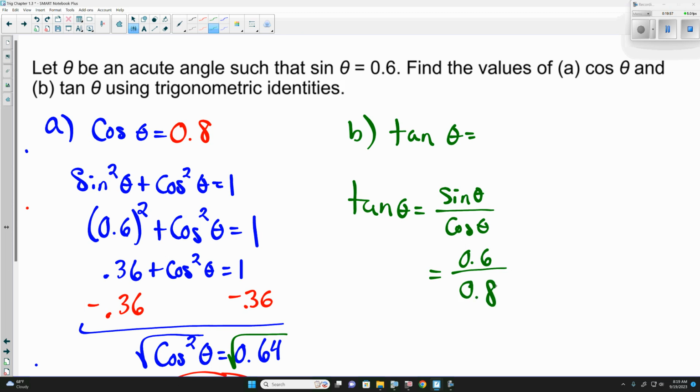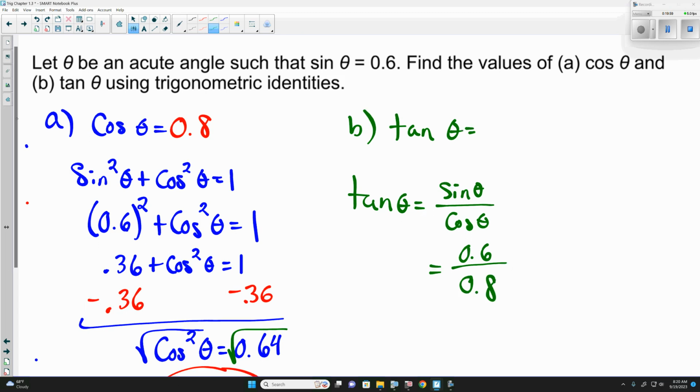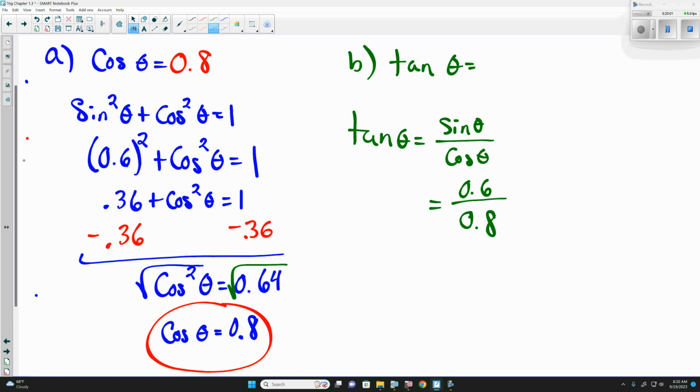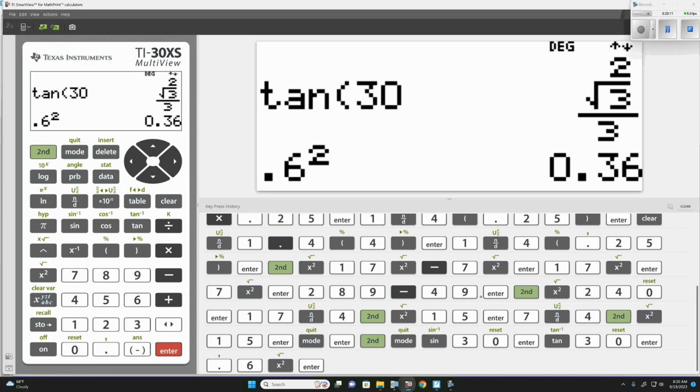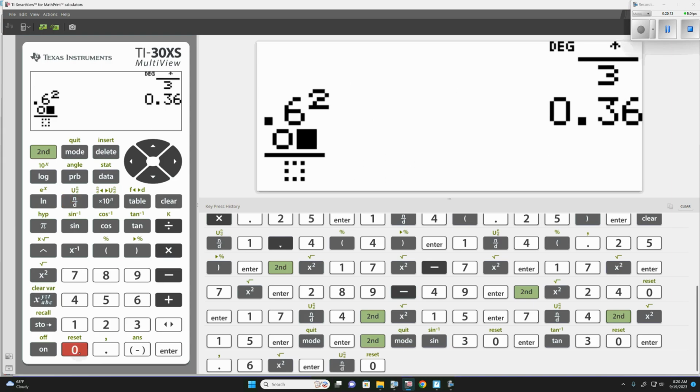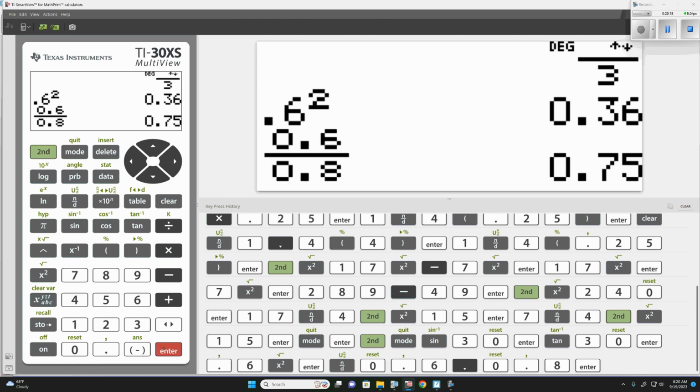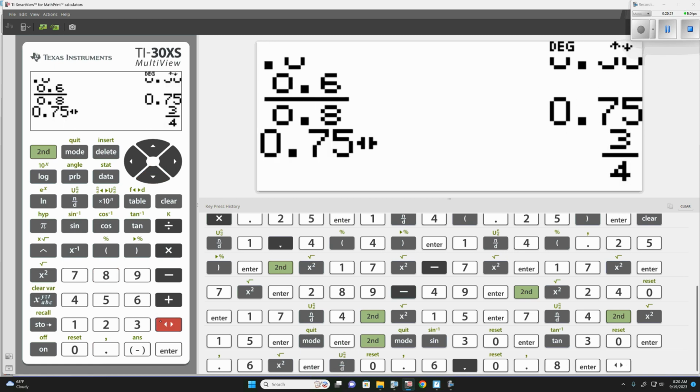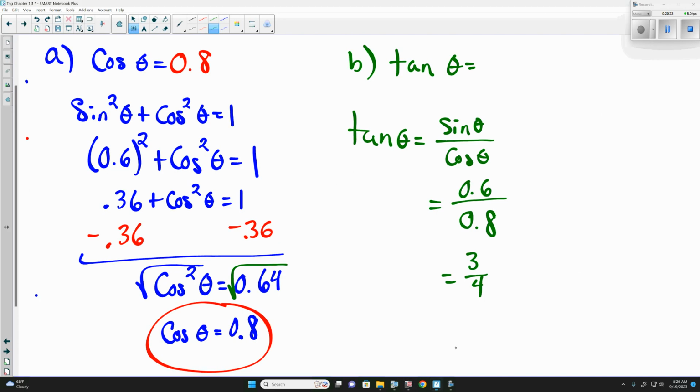Cosine is 0.8. 0.6 over 0.8 is 0.75 or 3/4. So tangent of theta is 3/4 or 0.75. Questions on how we solve these?